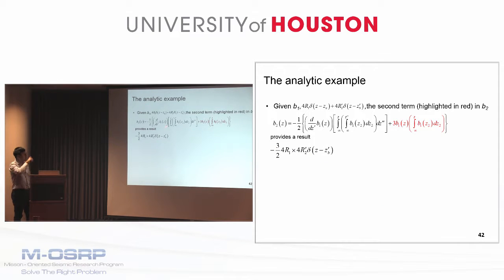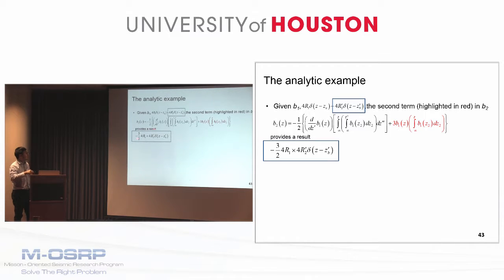Then let's look at what the second term contributes. Given this B1, we can calculate the second term, highlighted here, and it provides the results shown here. This is a very interesting result, and it communicates a lot from the inverse scattering series.